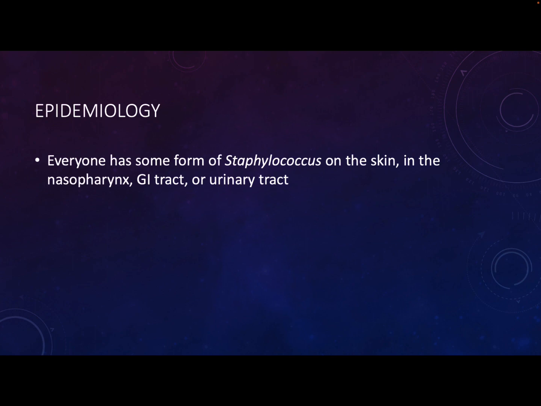It can cause GI infections, and it can cause urinary tract infections. It does everything. And it's also one of the most common causes of nosocomial infections. What does that term mean, nosocomial infection? Hospital acquired. So you were in the hospital for something else and you got an infection while you were there.